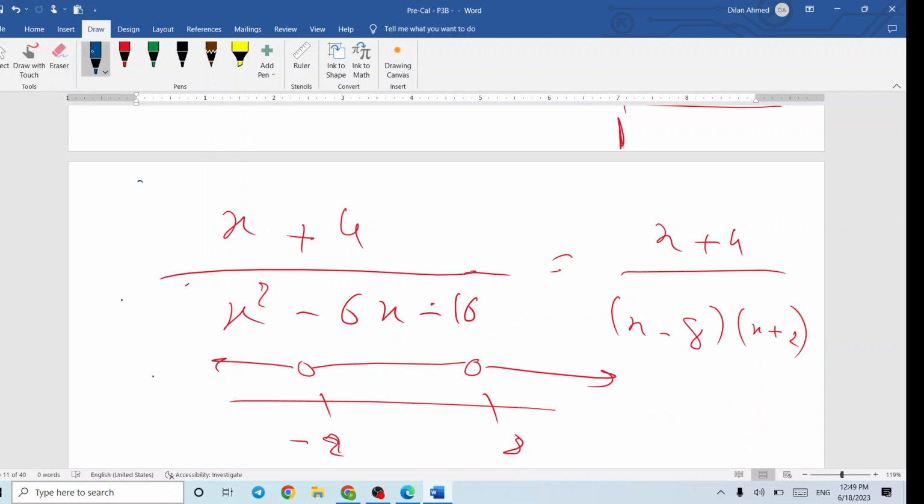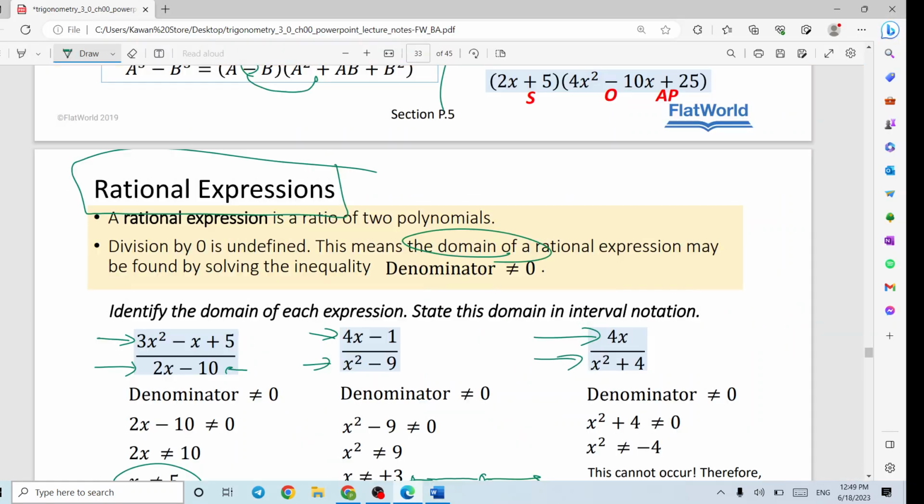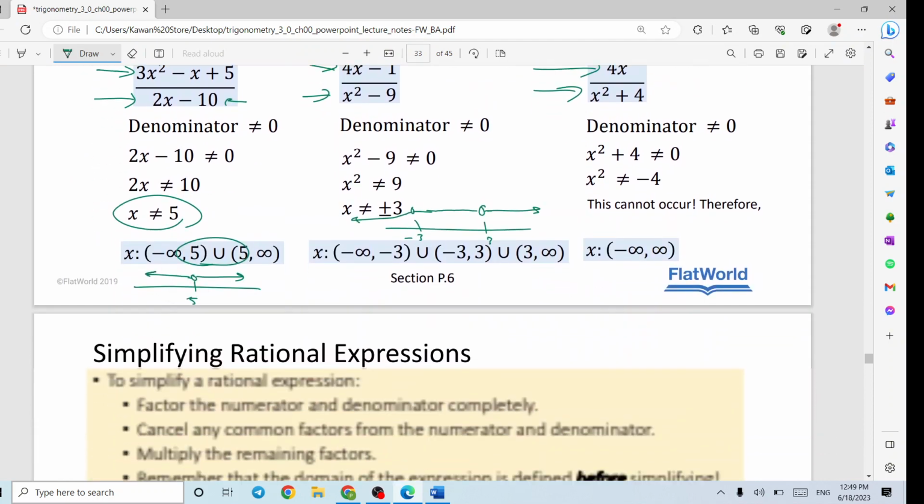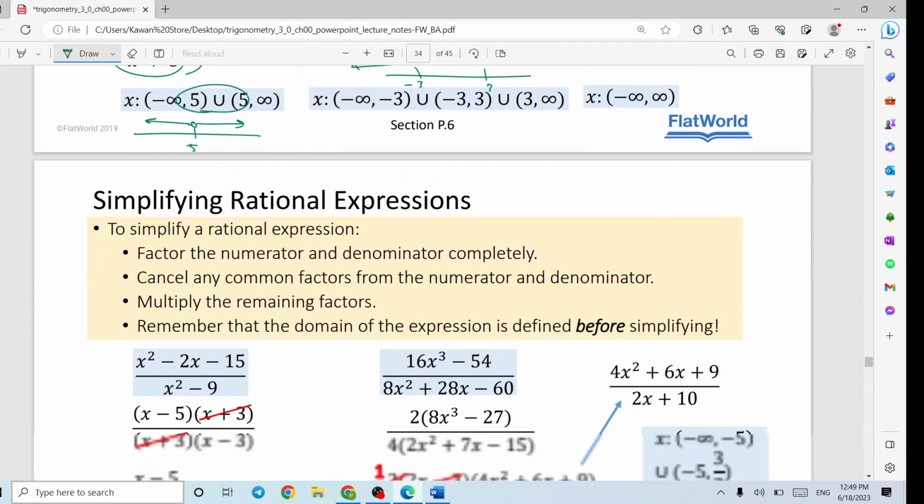The domain is minus infinity to minus 2, union minus 2 to 8, right? Union 8 to infinity, right? You can see. Any questions? Did you understand, dears? Okay.